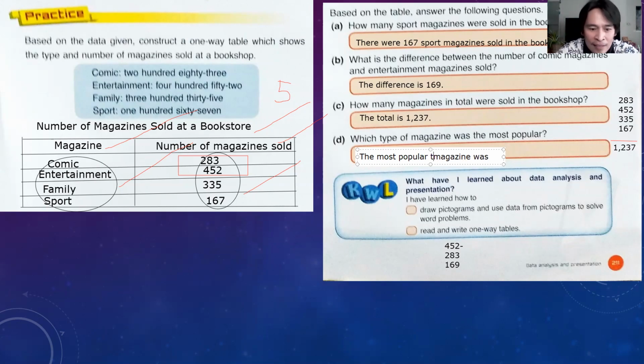Oh, very long. Type of magazine was entertainment. If you don't like this sentence construction, you can change it like this: Entertainment was the most popular. It's okay.